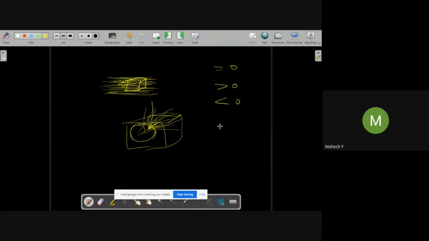What about magnetic flux? Do they diverge or converge? If it is greater than zero, we can say that they are diverging. If it is less than zero, inward, we can say it is converging. So magnetic flux lines are there, right, from north to south. What is the divergence of magnetic fluxes?